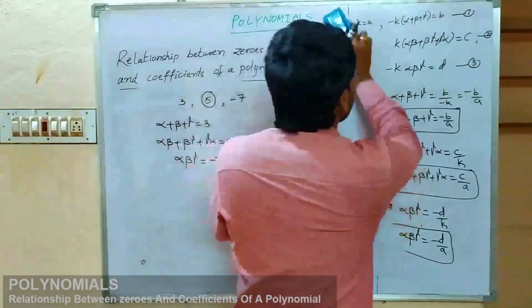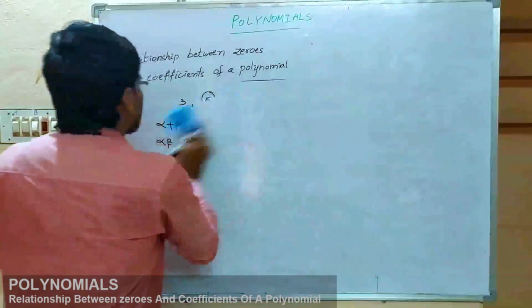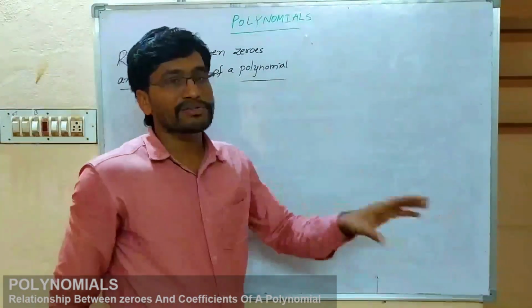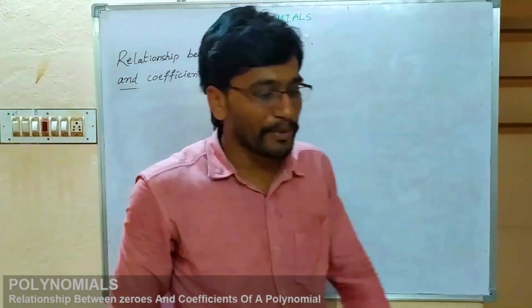Here is one of the important problems. Sometimes they will give three zeros and ask to verify the relationship between zeros and coefficients of a cubic polynomial.